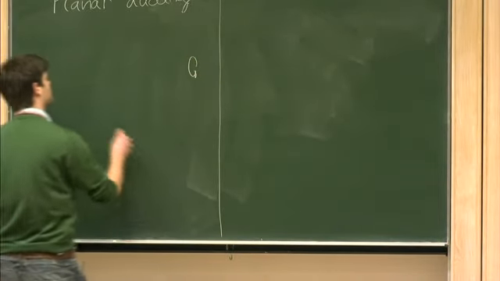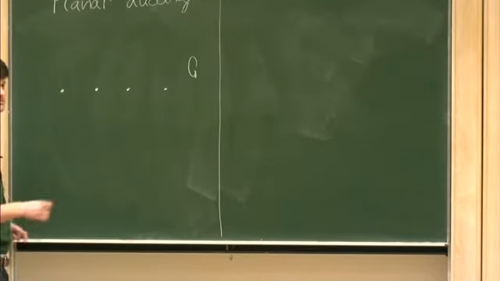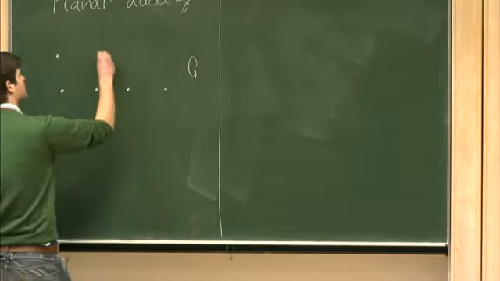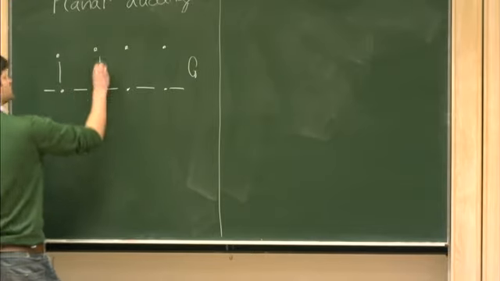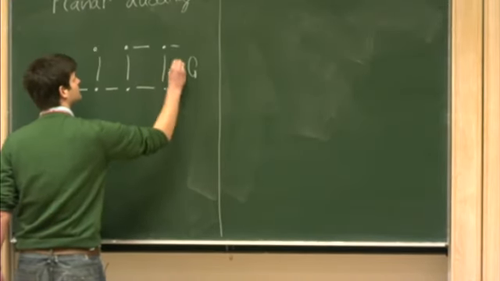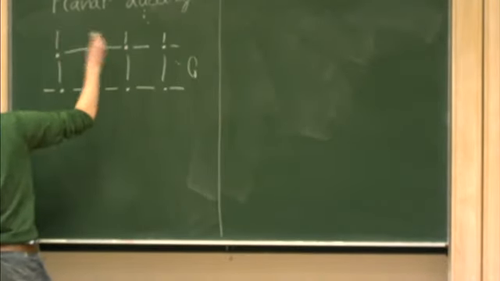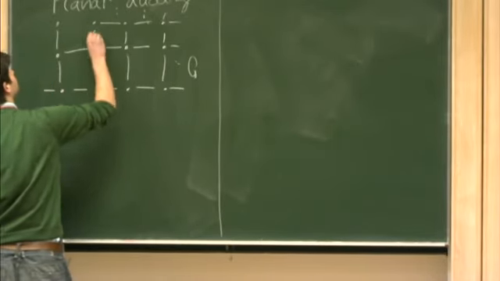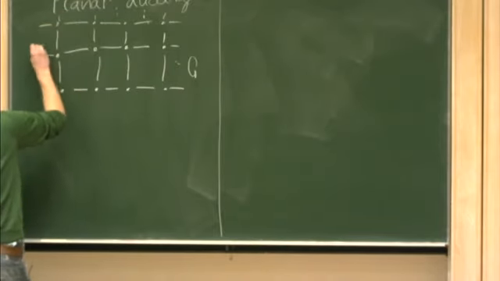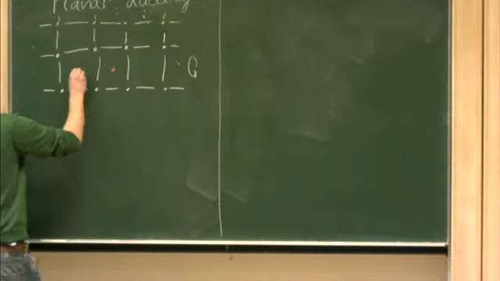A graph just consists of a set of vertices, and for any pair of vertices, either they're joined by an edge or they're not. We start with G being the half grid. Topologically, we get the dual of the half grid by putting a vertex of the dual graph into each face.